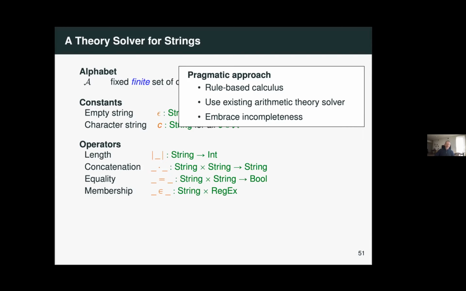That's behind why SAT solvers are so successful. They still are NP-complete problems, but in practice, they often can be solved efficiently because there's some structure and some strategies that work on real world problems. So that's what we're hoping for here, that for these real world string problems, a similar approach will work.